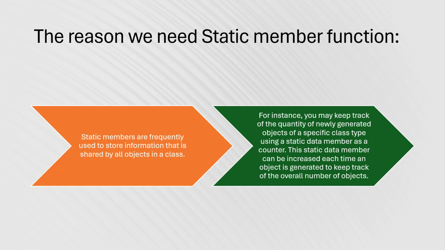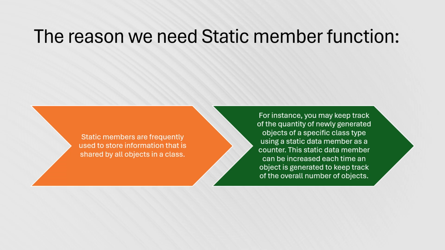The reason we need static: why do we need the static member? Static members are frequently used to store information that is shared by all objects in a class. That is, we need not create many objects of the same class. Once we declare static memory, it can be used frequently by many functions.